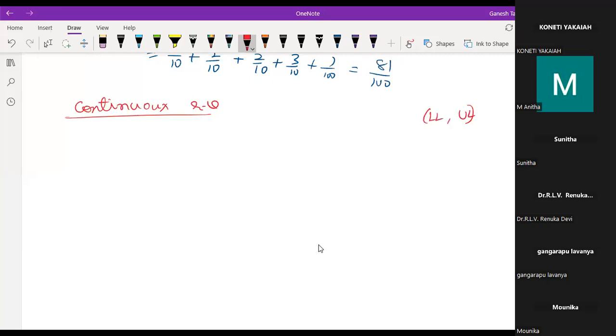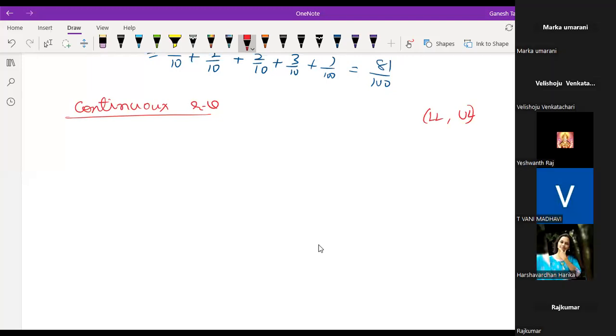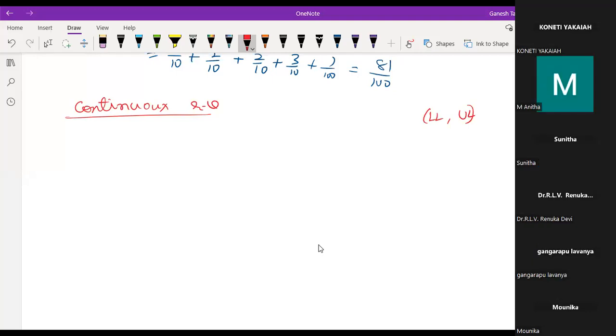There you can find out your probability. Continuous means it's a continuous process which does not have any exact number in the particular random experiment. And if you are defining the probability on a continuous random variable, then it is a probability density function, or simply the probabilistic nature of a continuous random variable.